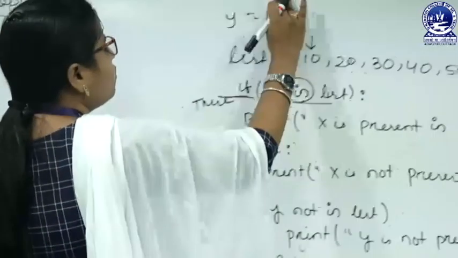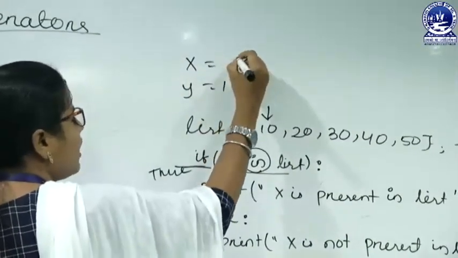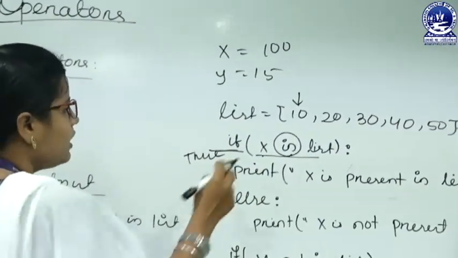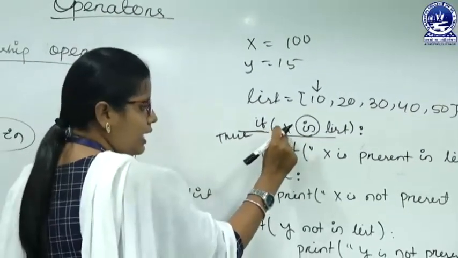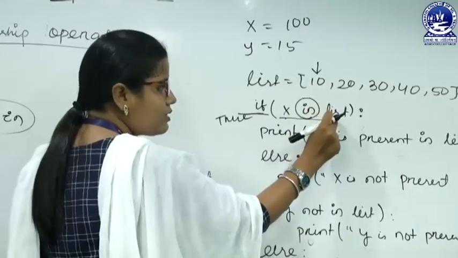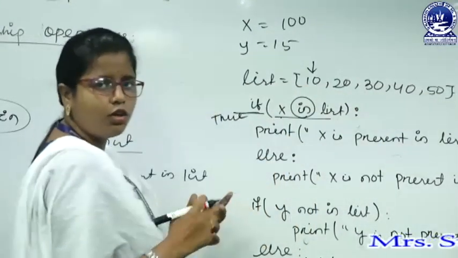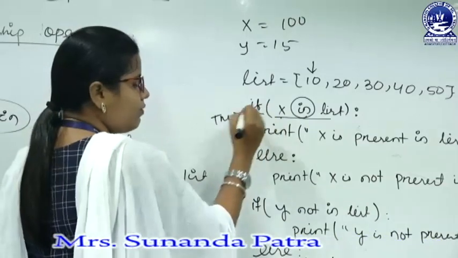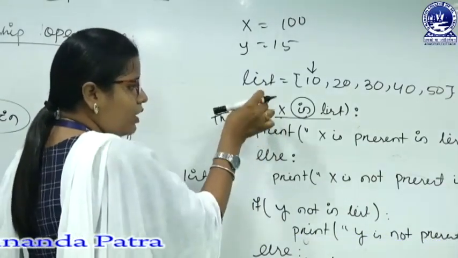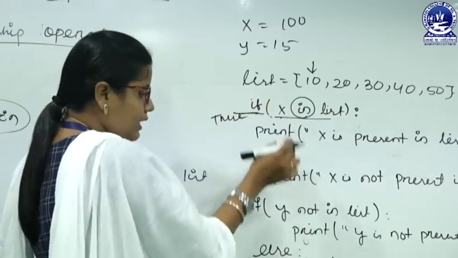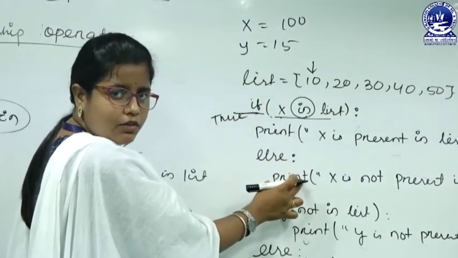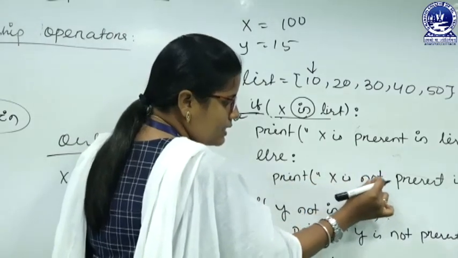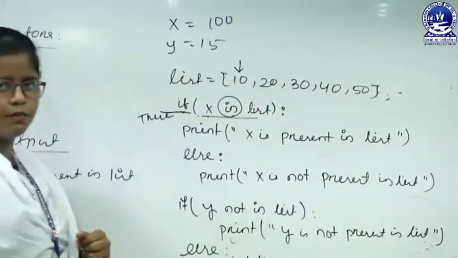Suppose I change the value of x to 100, then what will happen? It will check, is 100 inside the list, is 100 there? No, there is no 100, that means the if condition is false. If the if condition is false, then the else block will get executed. Then what will be the output? The output will be x is not present in the list.